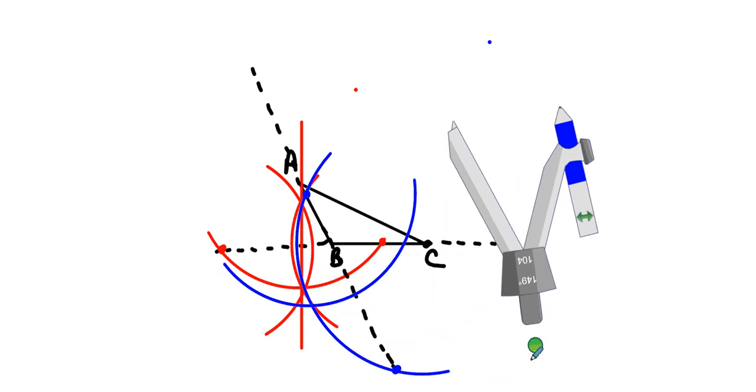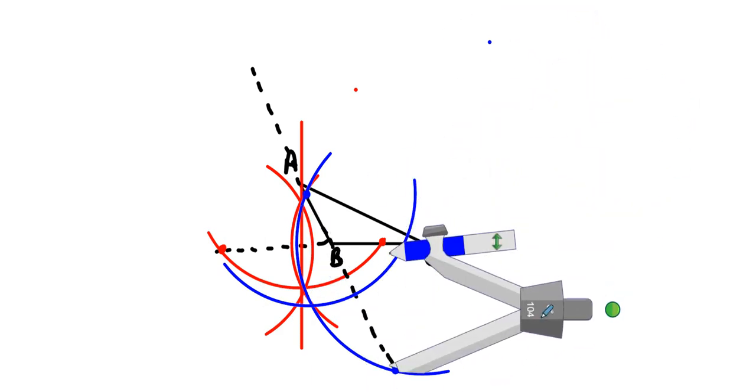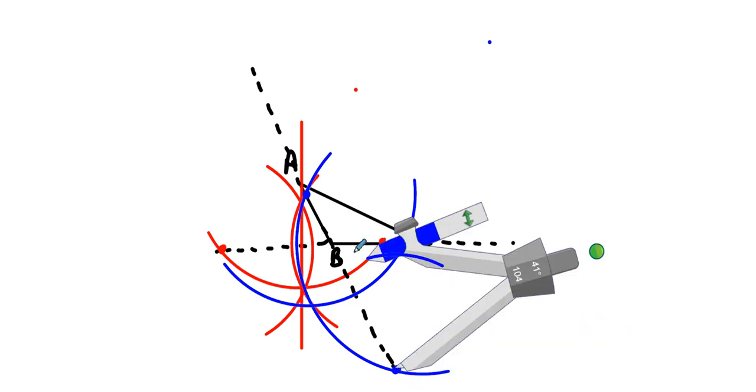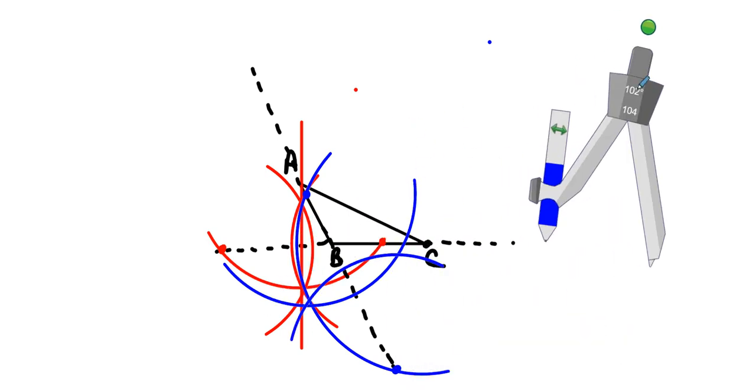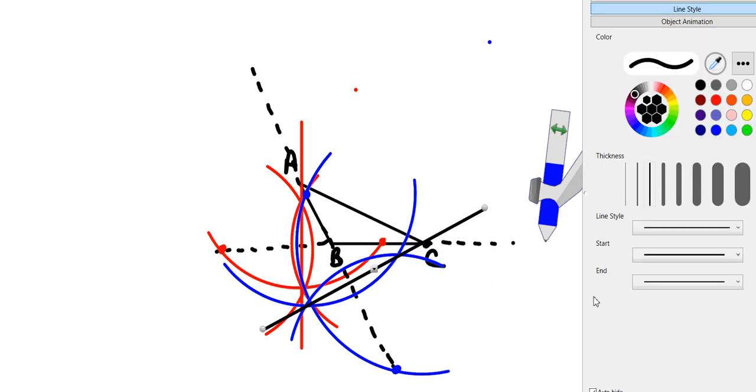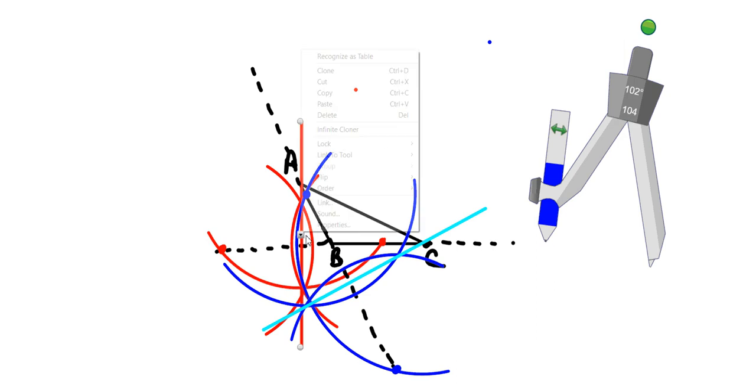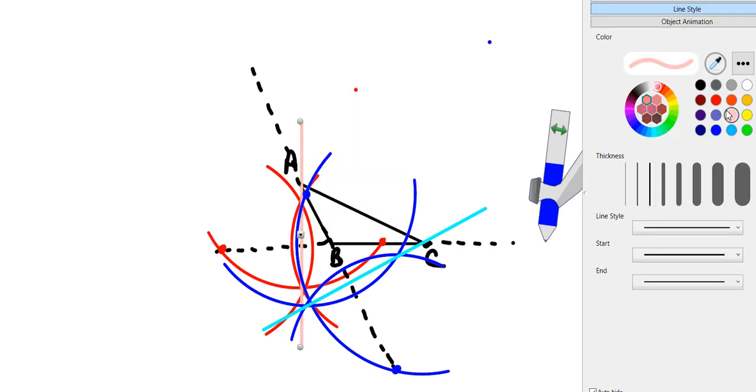And then we come over here and make a swoopy. And if we do this just right, the line that goes through those intersections also goes through C, and I'll make it blue for convenience so we can keep everything nicely color coded. In fact, let's make it a lighter blue just so it stands out a bit, and we'll make this maybe a pink so it stands out a bit.